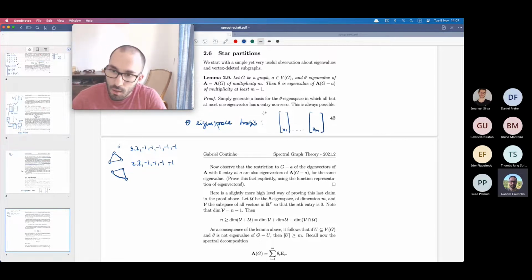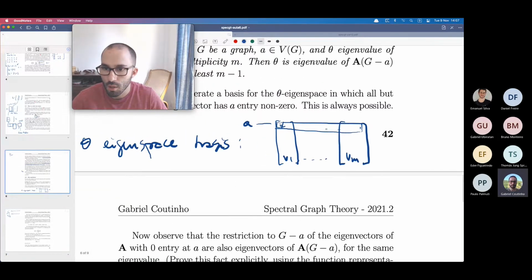Now let's say a corresponds to the first row of these eigenvectors, and you assume that this entry is non-zero.